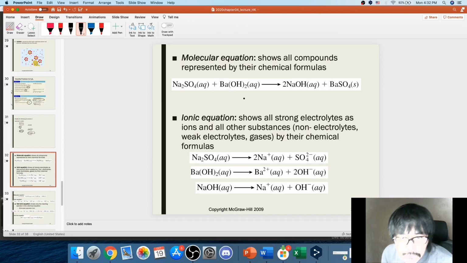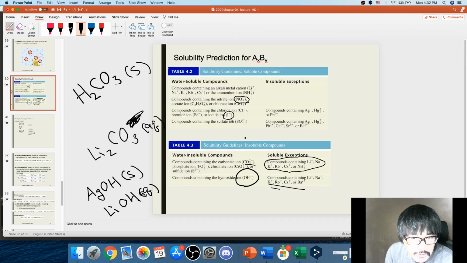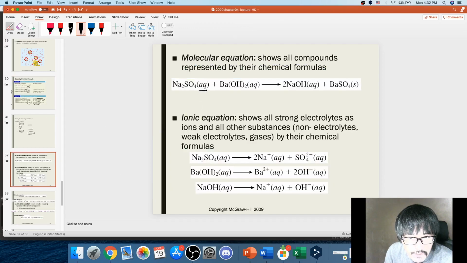Alright, so let's do the molecular equations. Let's think about this one: Na2SO4. You're going to use this table. Na2SO4 is water soluble, so that's going to be AQ.